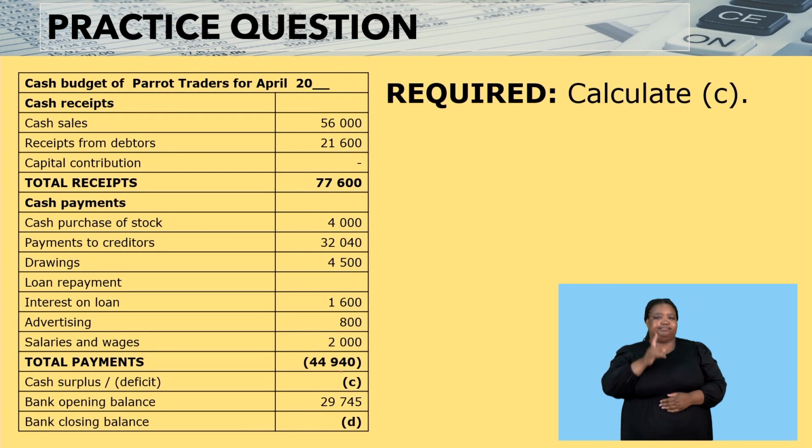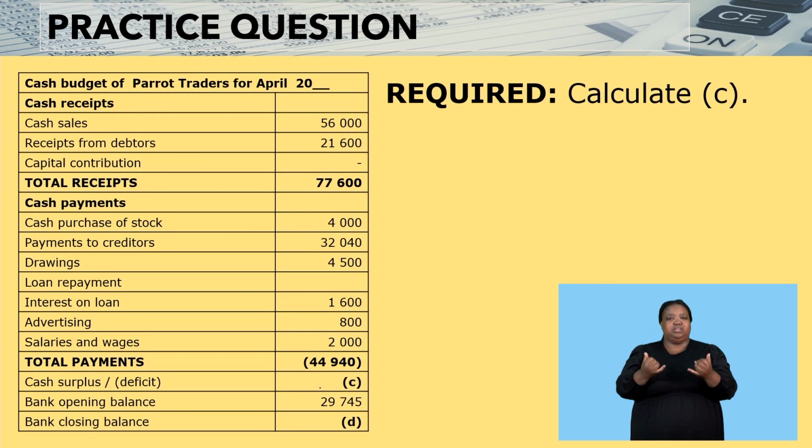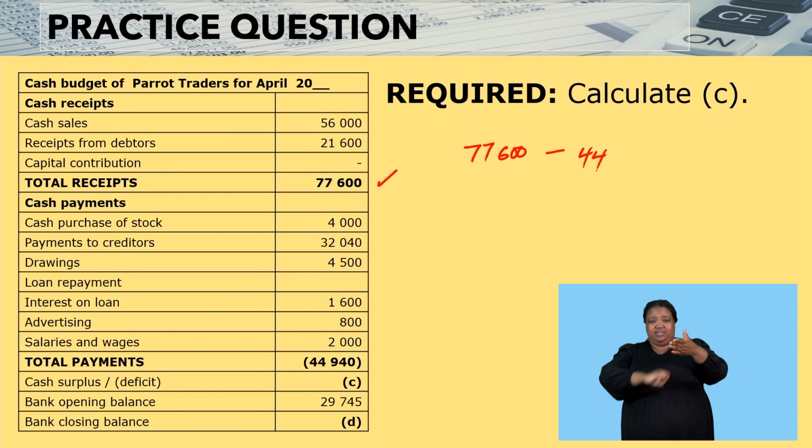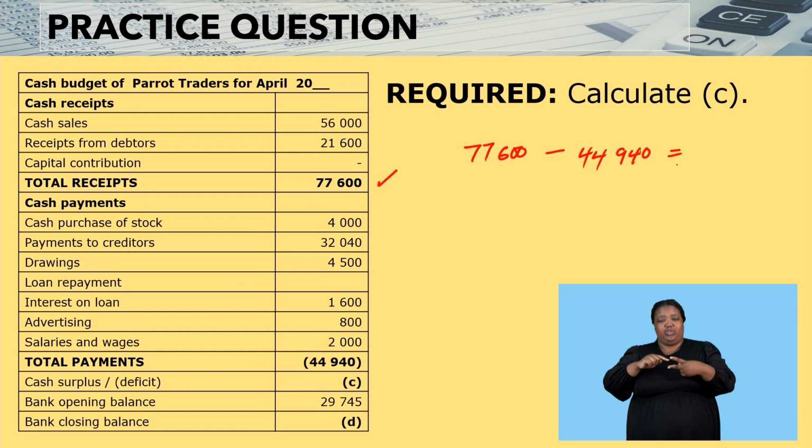C, calculate the cash surplus or deficit. This is easy. I know that if I take my receipts, which is 77,600, and I subtract my payments, which is 44,940, that gives me C. So if I punch in my calculator, I say 77,600 minus 44,940.